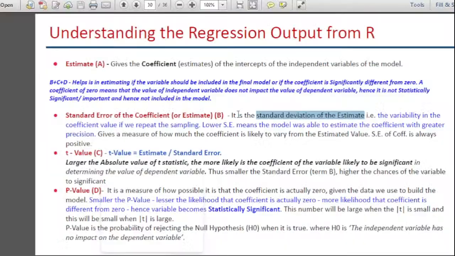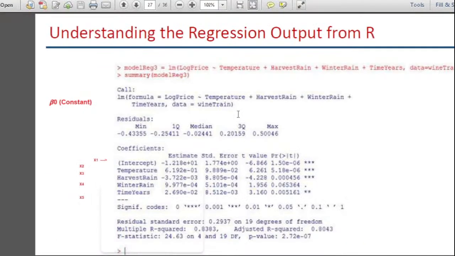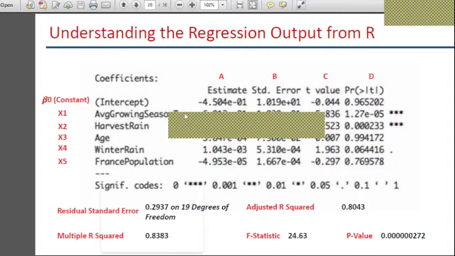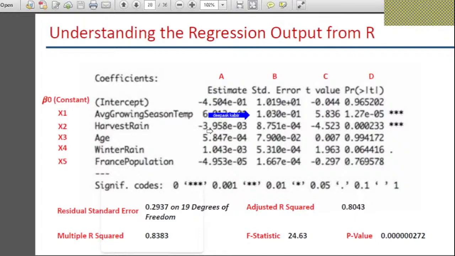So it is saying the standard deviation of the coefficient of AGST is this, and the standard deviation of this value is this.